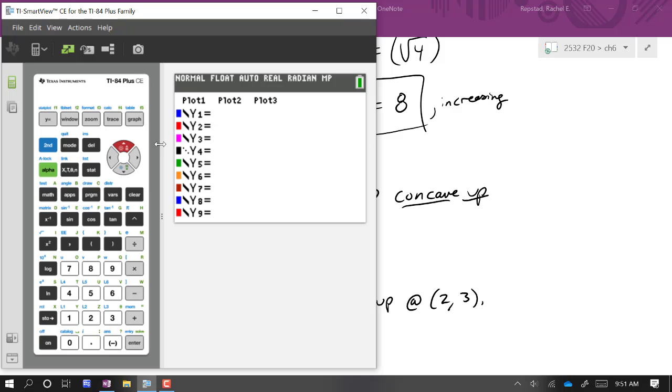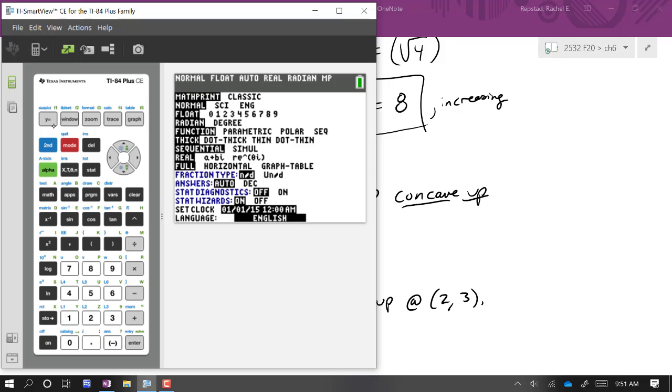What we need to be able to do is plug in a pair of parametric equations. And our calculator can handle that. Just hit the mode button, and down here you'll see function is highlighted. I'm going to arrow over to select parametric. Depending on the model of your calculator, it might just say PAR. So you put it in parametric mode.